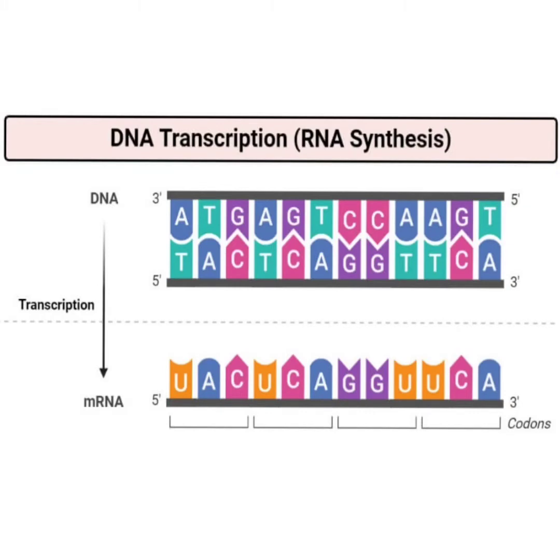Normally, in a DNA molecule, adenine pairs with thymine and thymine pairs with adenine, whereas in the synthesis of the messenger RNA from the template DNA, uracil is formed instead of thymine. That is the only difference between the DNA and RNA. The DNA strand contains thymine as the nitrogenous base, whereas the messenger RNA contains uracil instead of thymine.